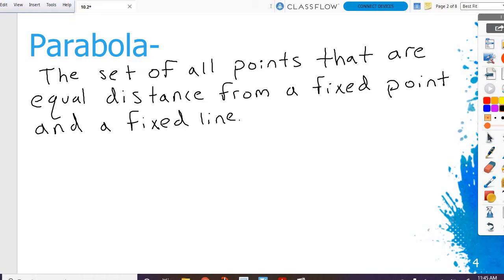You can also do a similar idea with parabolas if you get string, and you have to make sure that the string is a certain length because you want it to be an equal distance from a given point and a given line. And if you were to create the shape, what you're going to end up with is a parabola.